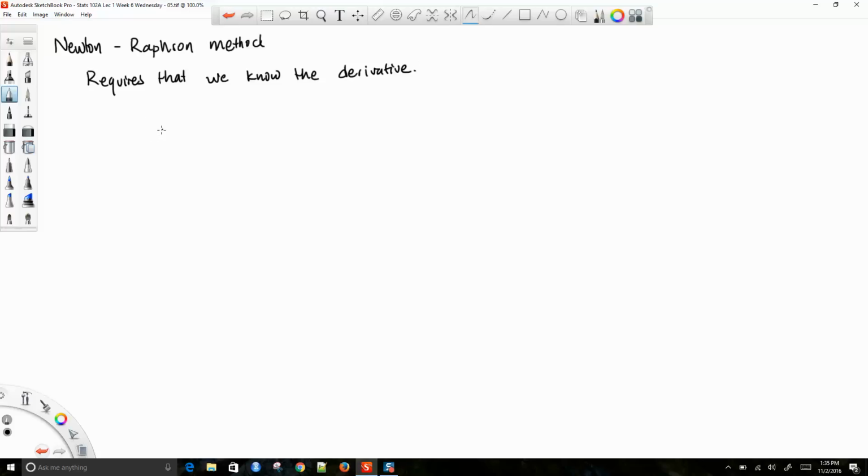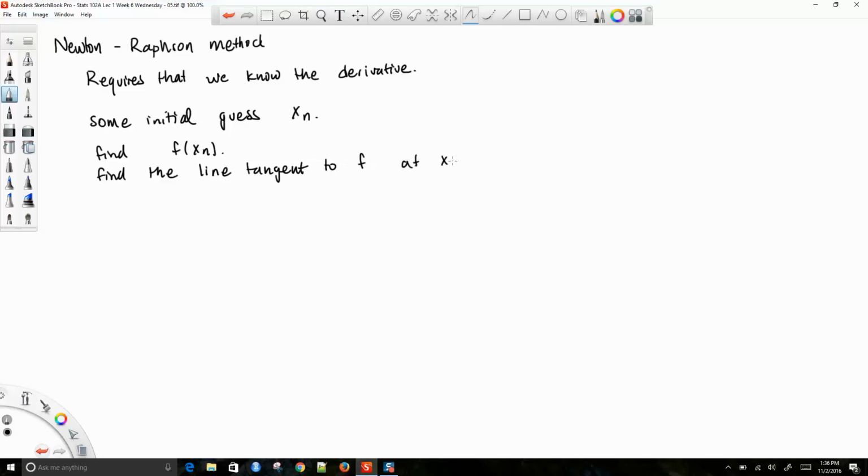And the way Newton's method works is basically, you have some initial guess x of n, okay? And then you find f of x of n and find the derivative, or find the line tangent to f at x of n, okay?